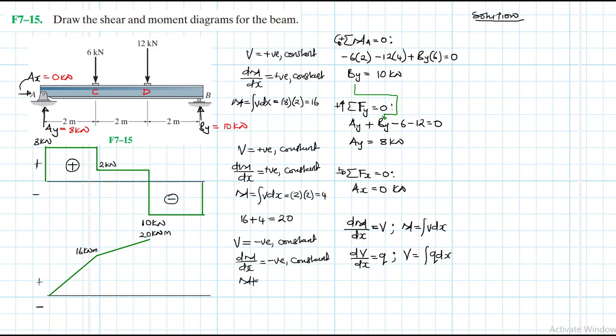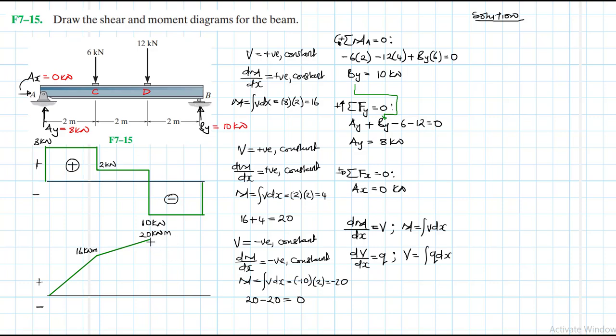The magnitude is equal to the area under the shear diagram, which is just minus 10 times 2, equal to minus 20. Mind you, the final position where we ended had a positive value of 20 kilonewtons. So the two will interact: 20 positive minus 20 gives us 0.